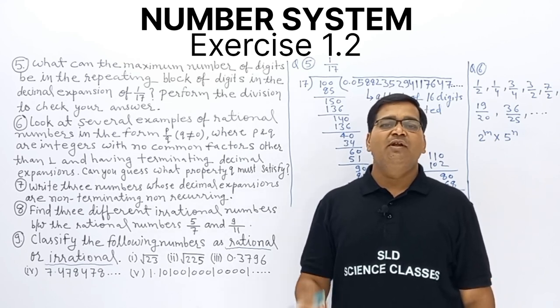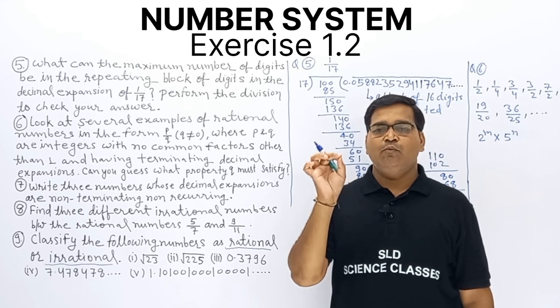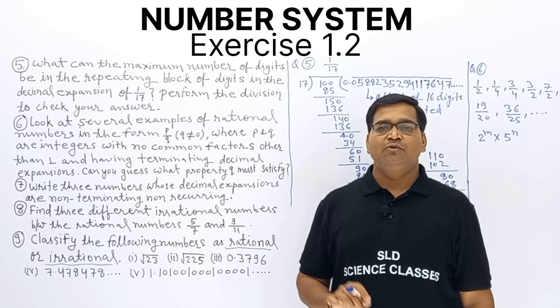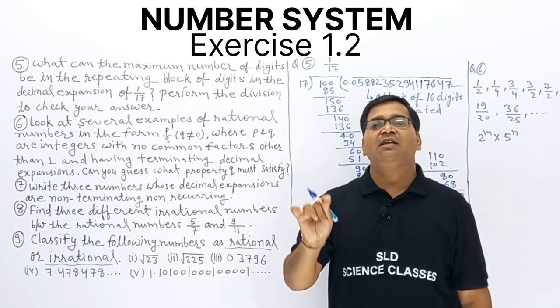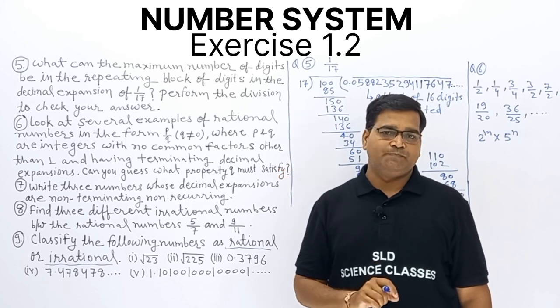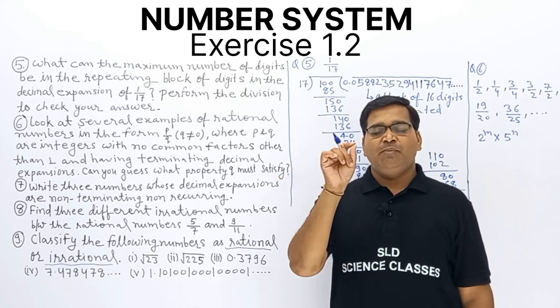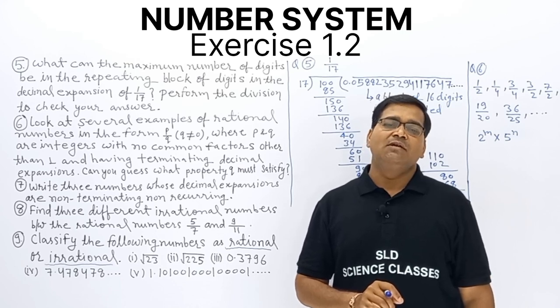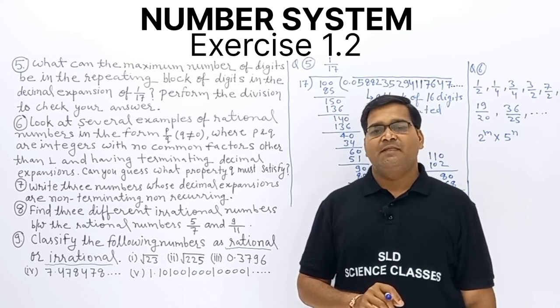If we have 1 upon 2 and we solve this, we get 0.5. In the terminating case we have remainder 0. So if a number has a terminating decimal expansion, it is called a rational number.